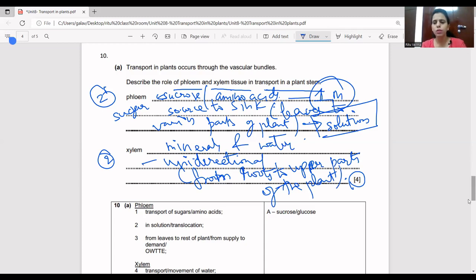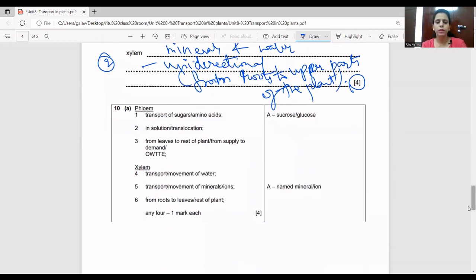Okay, from roots to upper parts of the plant. And for writing any 2 points out of these 3, like minerals and water, unidirectional, from roots to upper parts of the plant, you'll get 2 marks.